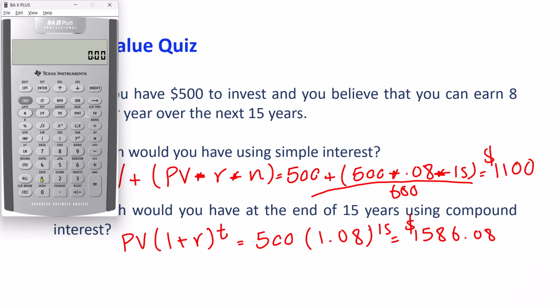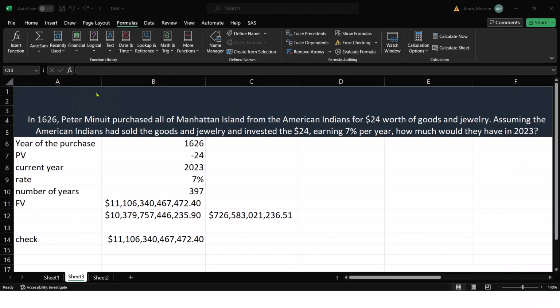And then we do 15 years. So N is 15. 8% is the interest rate. And then we are investing $500, and then we compute future value, 1,586. You can also use Excel to solve this.